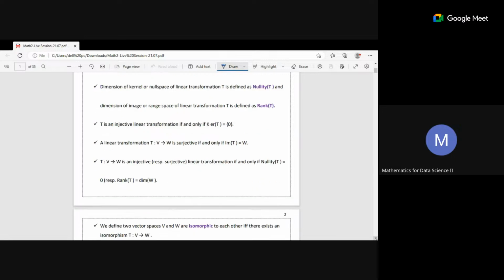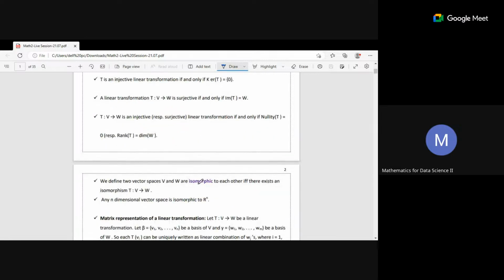Okay. And when a map is both injective and surjective together, then we call it an isomorphism. So if we can find a linear transformation T from V to W which is an isomorphism, then we call V and W isomorphic vector spaces.